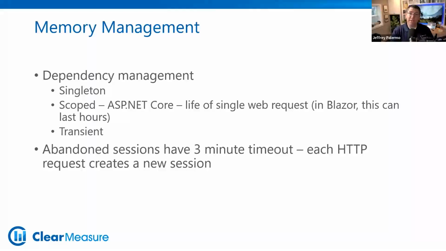For WebAssembly, scoped is kind of irrelevant, because the life of a web request is the web request that loaded the WebAssembly application. That WebAssembly application is running in a particular user's browser as an independent process. So the scope of the web request is just as long as the scope of that user's session, which is just as long as the scope of that running process in the browser until they close that tab.